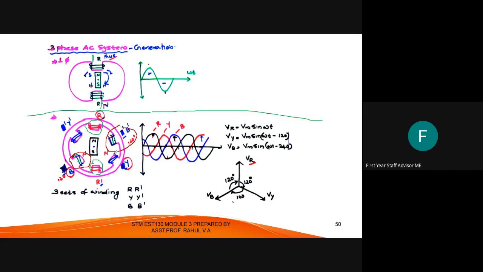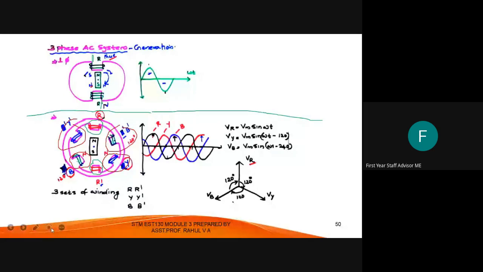And Y is here, Y dash is here, that is the third winding. So the difference between single phase and three phase is that there is only one winding in a single phase generator, but there are three such windings in a three phase generator.